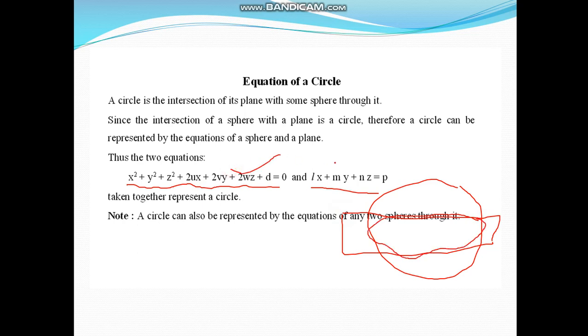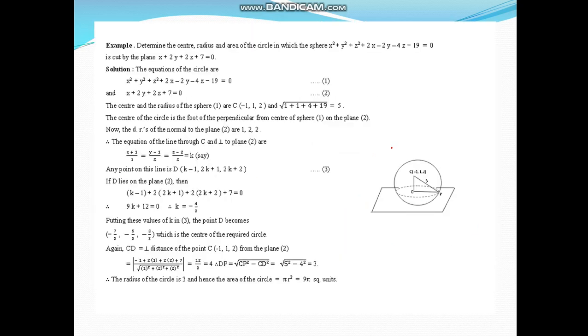So these two equations together represent a circle. For example, determine the center, radius and area of the circle in which this sphere is cut by this plane. The equations of the circle are these two. The center and radius of sphere 1 is this.